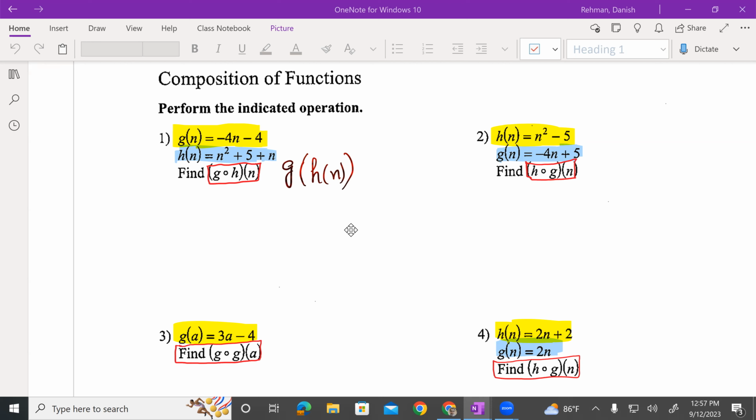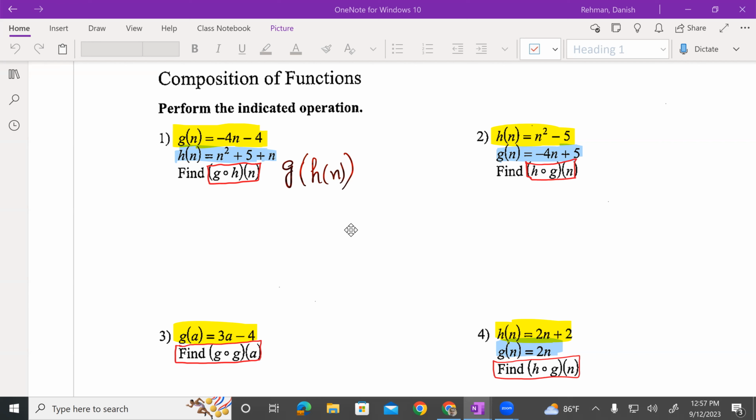Which function from the 2, yellow and blue, will go inside the parentheses, before or after the circle? Look at the page, and then look at question number 1 that I just mentioned. Which function will always go inside the parentheses, first one before the circle or after?